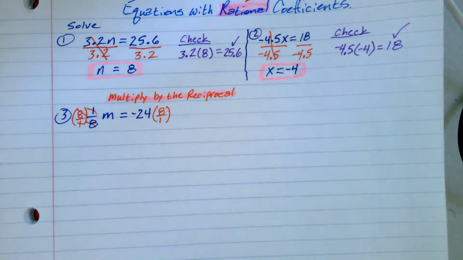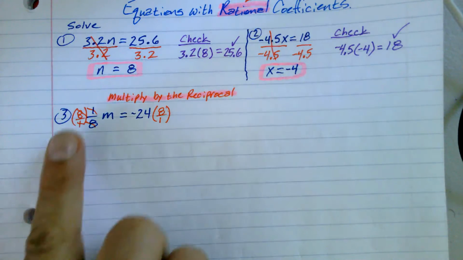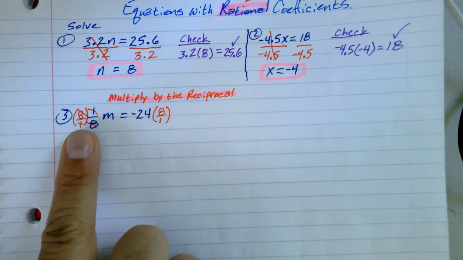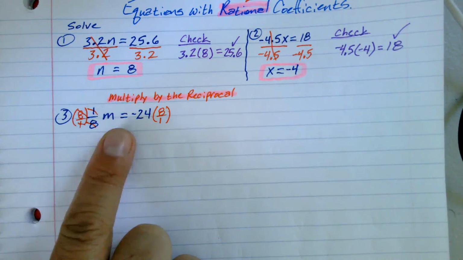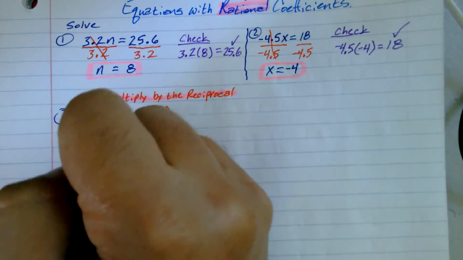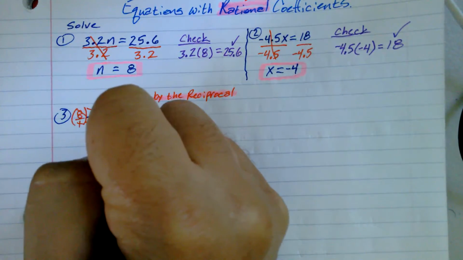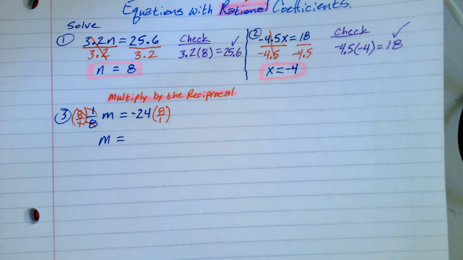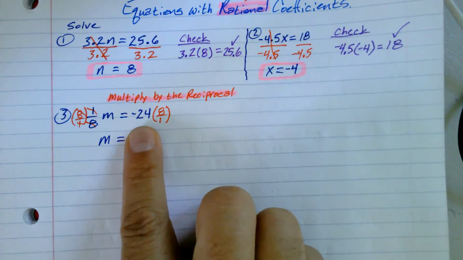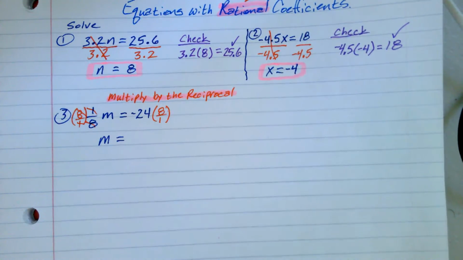Yeah. And the ones cross cancel, but we don't need to. So basically, they cross canceled. I have 1. If you notice, that makes 1. Whenever you multiply reciprocals with each other, they make 1. So 1 times m is m. Well, I have an m here. Now on the other side, let's see what we get. If I multiply negative 24 times 8 over 1, what do I get?